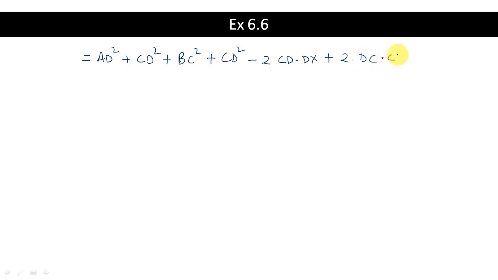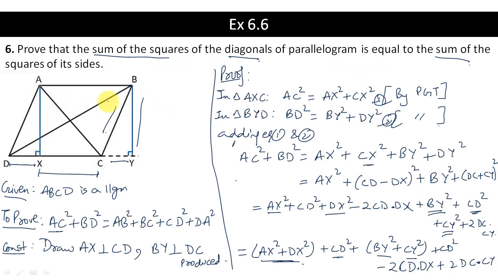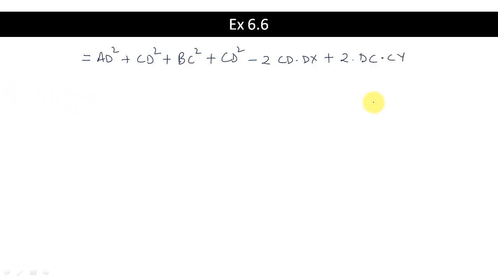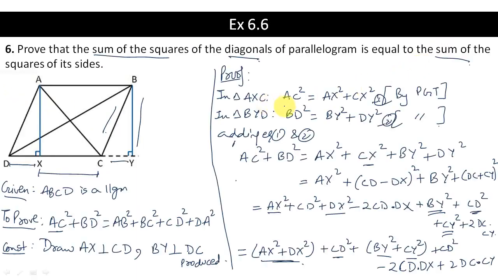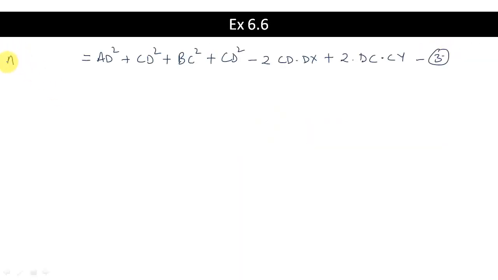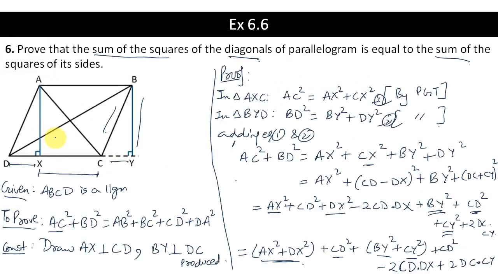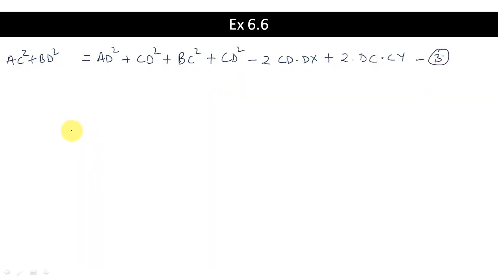Okay. Mark this as equation number 3. In the left hand side we have AC square plus BD square. Now we'll consider triangle AXD and BYC.